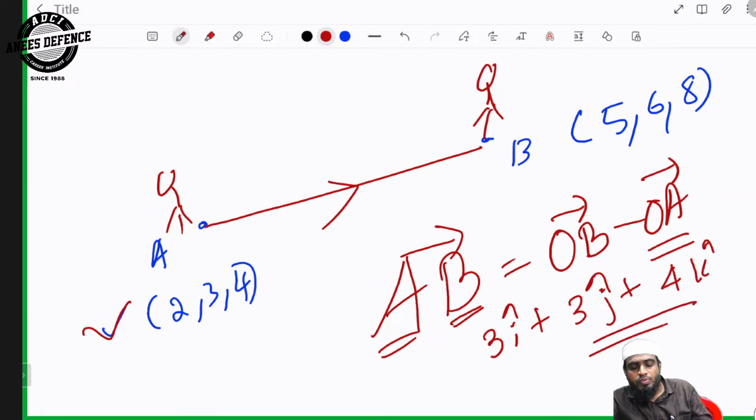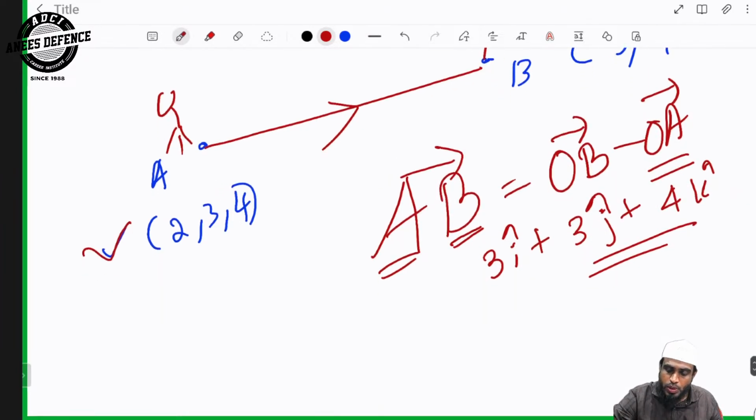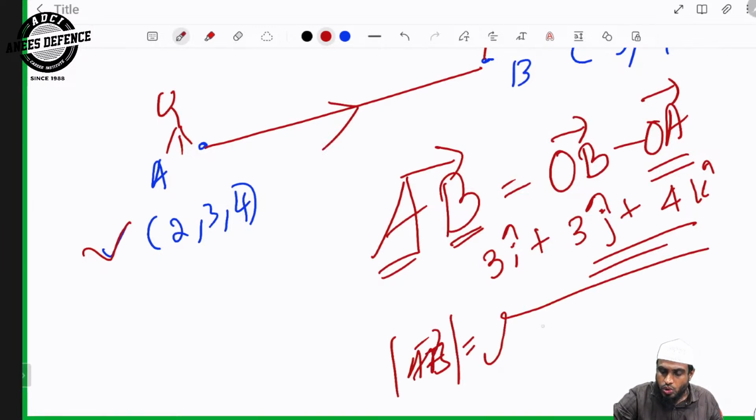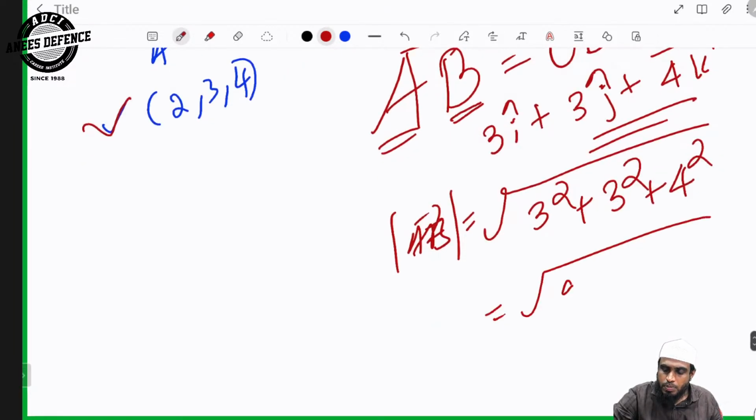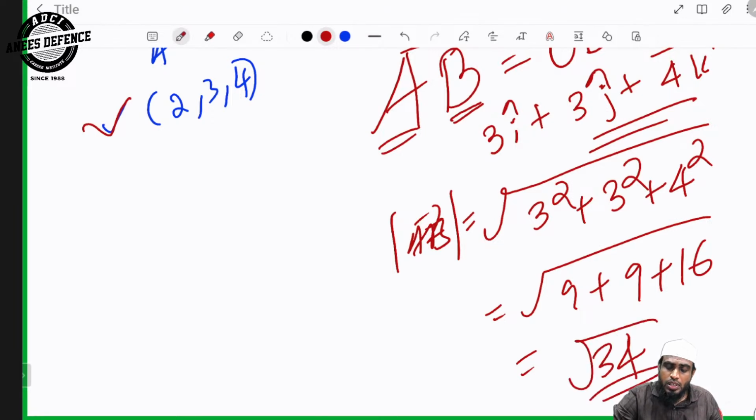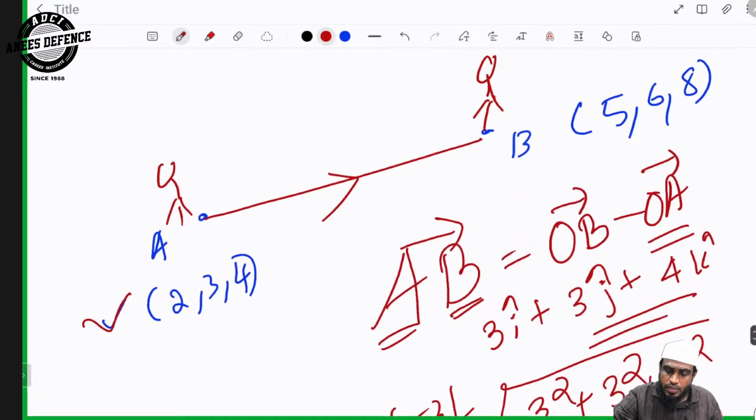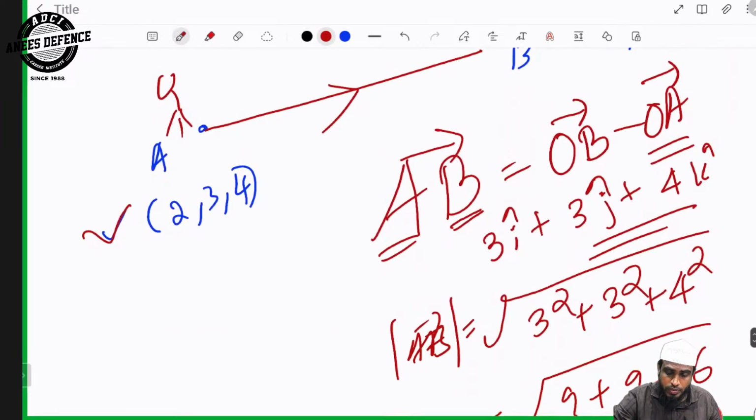So this is the vector AB: position vector of B minus position vector of A. So the magnitude of AB is equal to root of 3 square plus 3 square plus 4 square. That is 9 plus 9 plus 16. 9, 16 plus 9, 25 plus 9, 34, root 34. That is the length of AB and the vector is 3i plus 3j plus 4k.